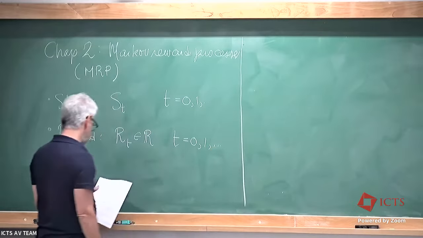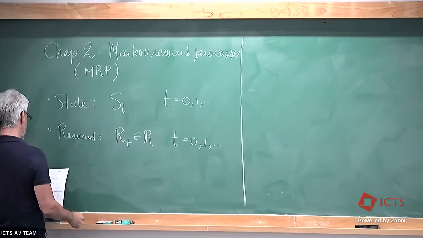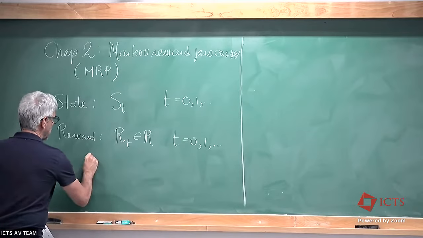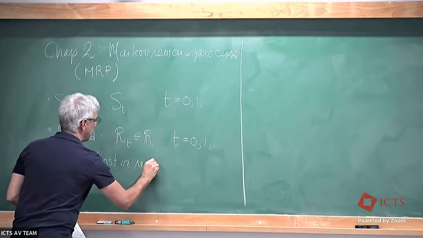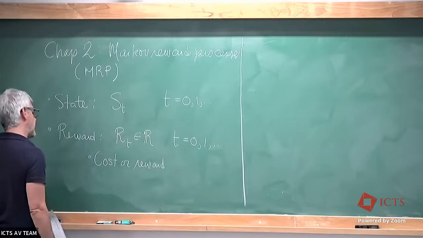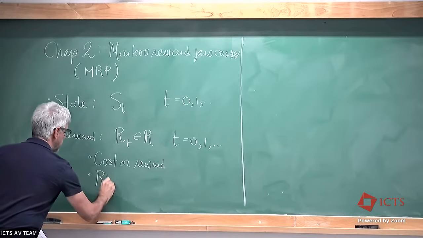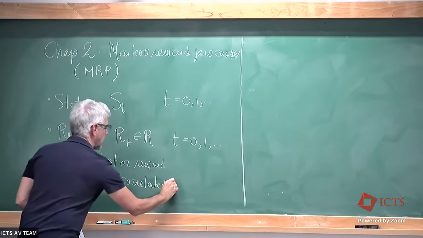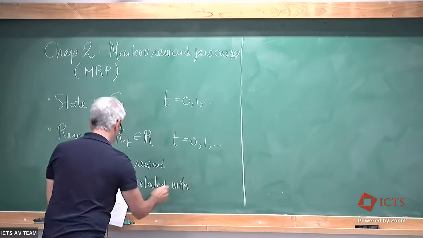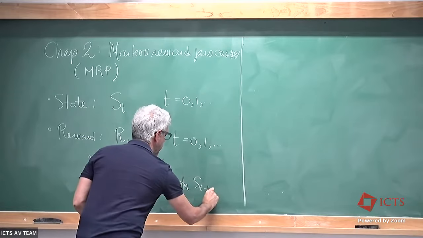Actually, maybe not time 0. This is the cost or reward given for a transition. We'll see this is a random variable correlated with a certain transition, S_{t-1} and S_t.